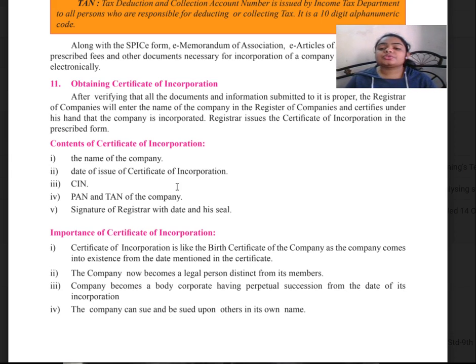Then the Registrar issues the certificate of incorporation in the prescribed form. Then what are the contents of the certificate of incorporation? The name of the company, date of issue of the certificate of incorporation, then CIN, PAN and TAN of the company, signature of the Registrar with the date and his seal.